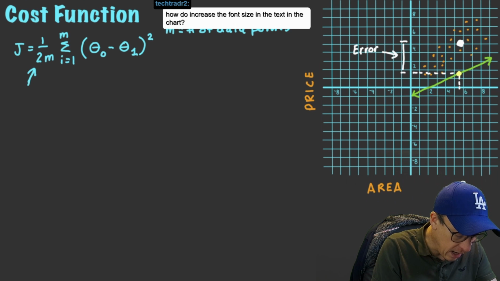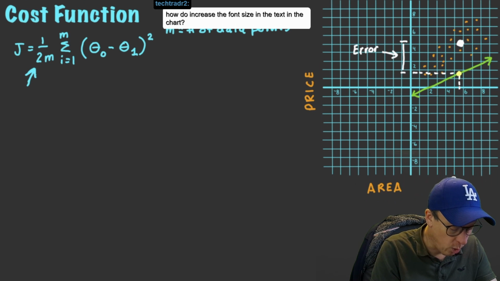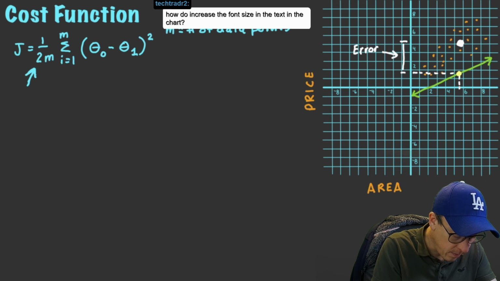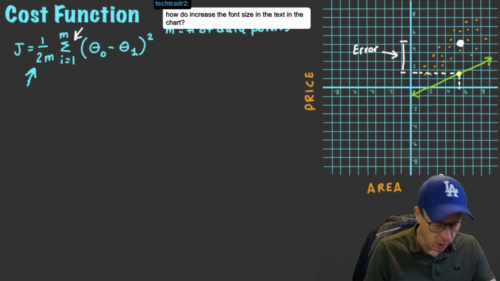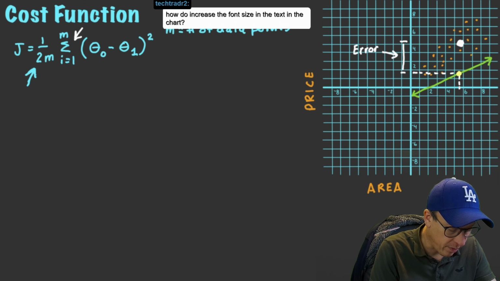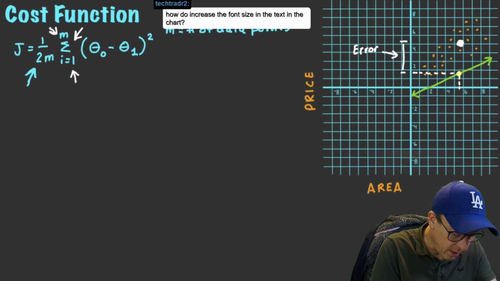This right here is just going to give us the average for those data points. This is going to cycle through every single data point. This is a sum function, so it's going to go from the first to the last. That's all that's doing. And then what's it going to do? Well, this is the actual value.